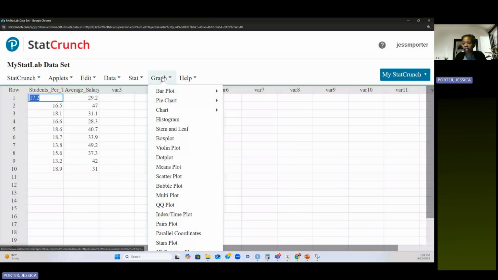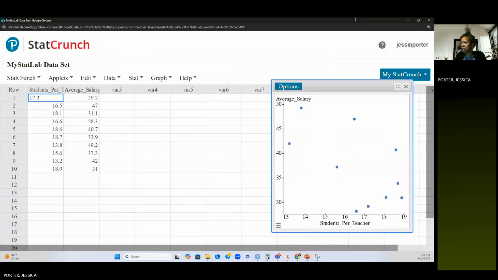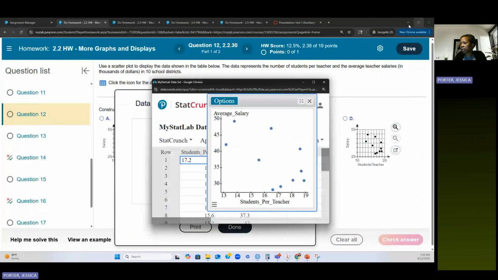Graph, and this time we want a scatter plot. The X variable is going to be students per teacher, and the Y variable is going to be average salary. And compute.